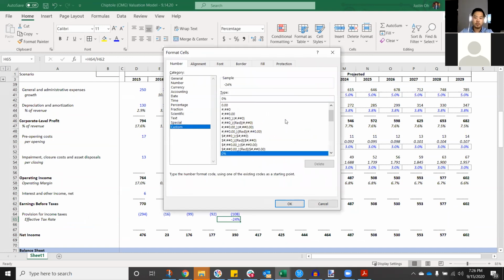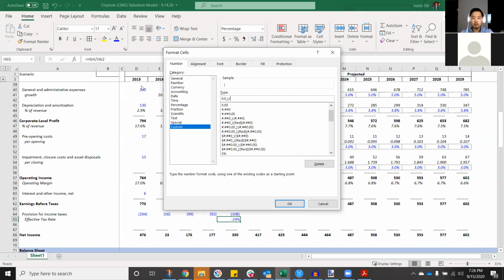What I like to do with percentages is 0.0, underscore, close parentheses, and then semicolon. So this governs what positive numbers look like, and the second one after the semicolon governs what negative numbers look like.